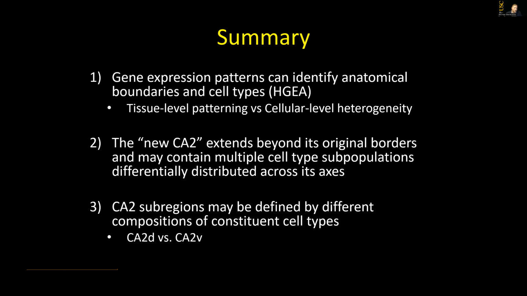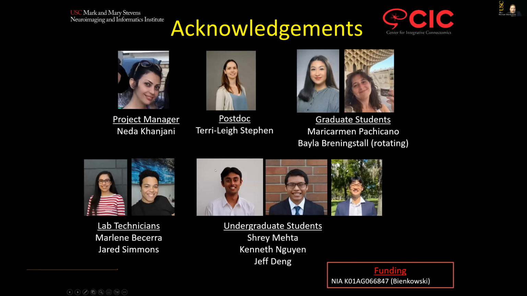We can see similarities and differences here, and it's important to recognize that they both exist. The new CA2 extends its boundaries way beyond the original, and this idea that there are multiple cell type populations across this axis is very important. Ultimately, there may be at least 2 subregions defined by the compositions of those constituent cell types and how they're organized. So I'll wrap it up.